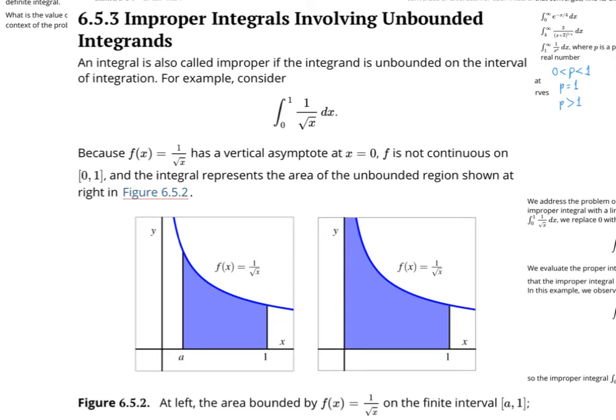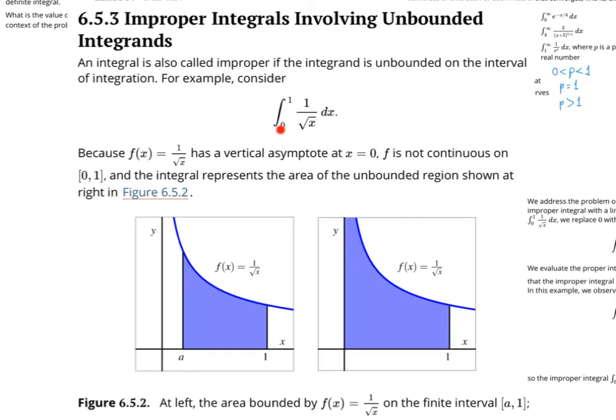And how do we know that? Well, this function has a vertical asymptote at x equals 0. So it's not technically continuous on the closed interval 0, 1. But again, this idea of taking a limit of an integral is what we're going to use to help us figure out if we're going to get a finite area or not under this curve.